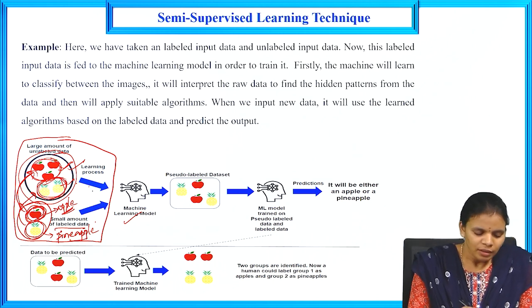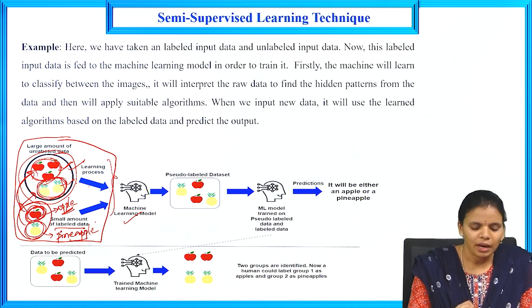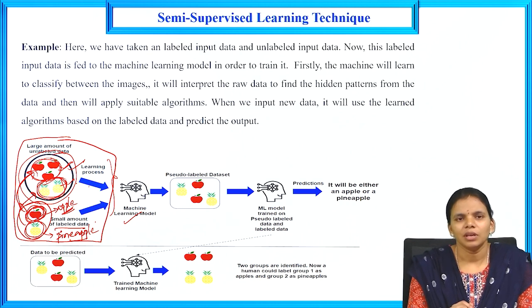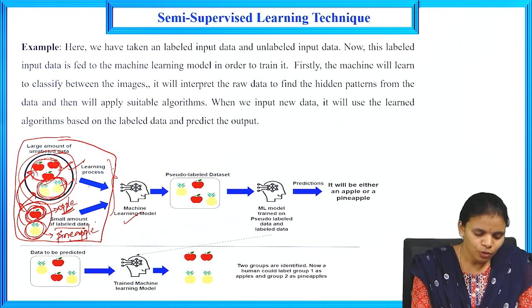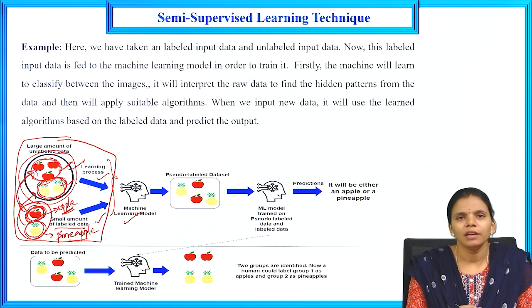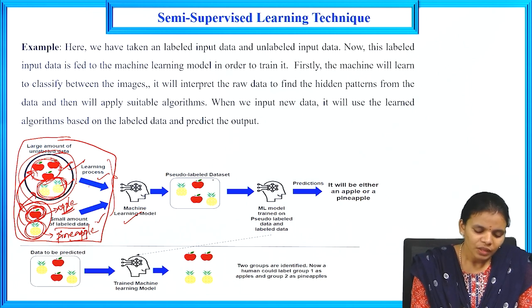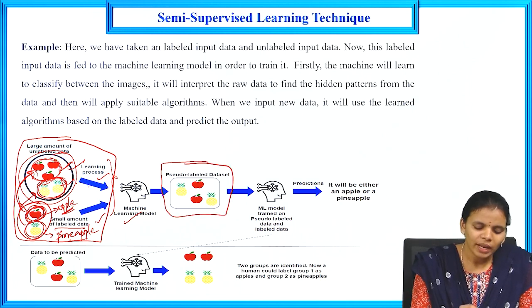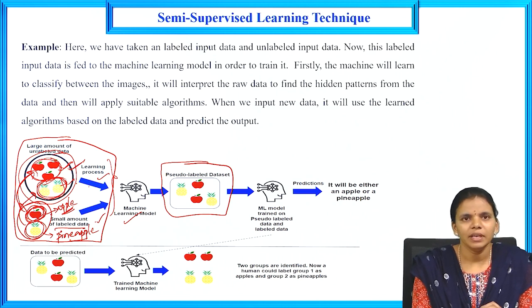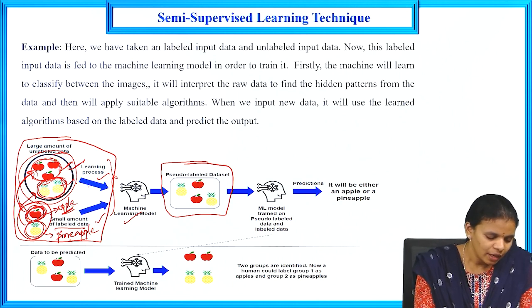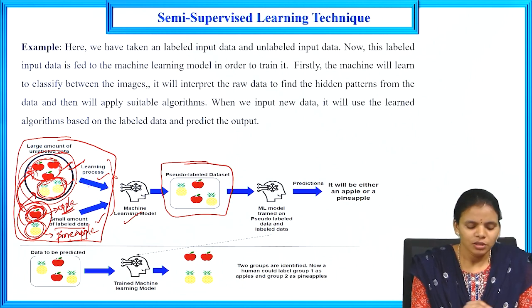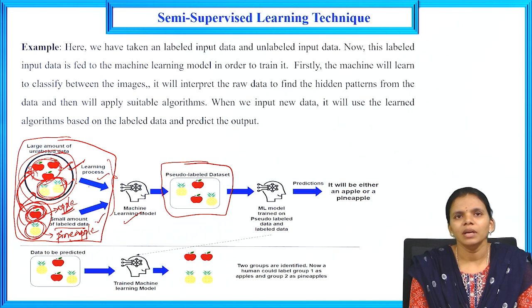So both the labeled and unlabeled data sets are given to the system for training purposes. Now how will it take the training? The first thing is it will generate a pseudo labeled data set by using the labeled and unlabeled data sets. It maps the name present in the labeled data set to the unlabeled data point, so now it is generating a pseudo labeled data set.